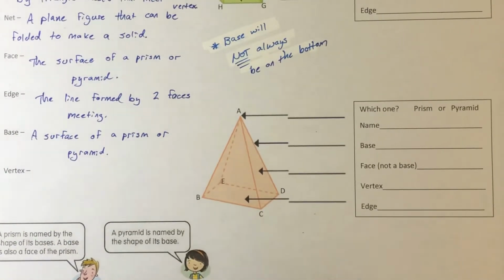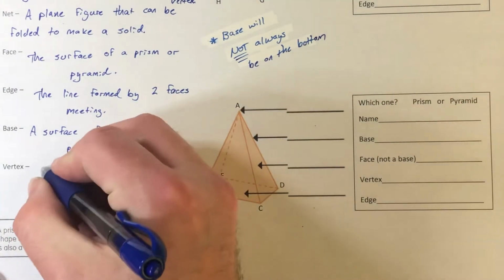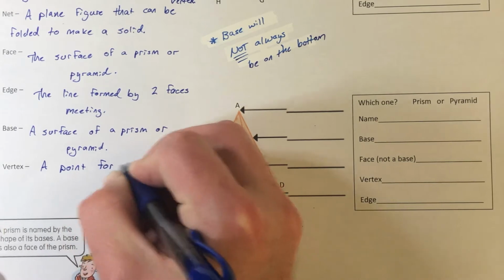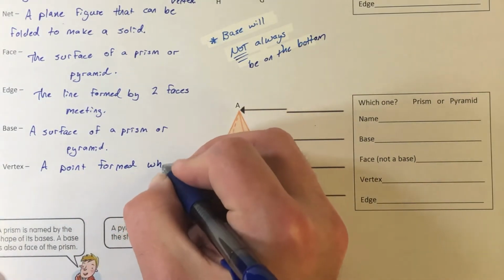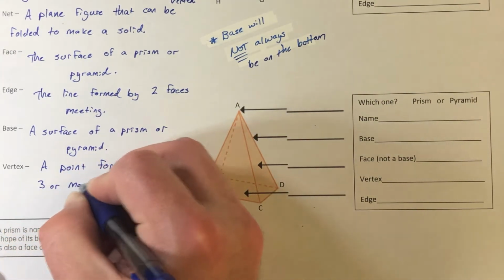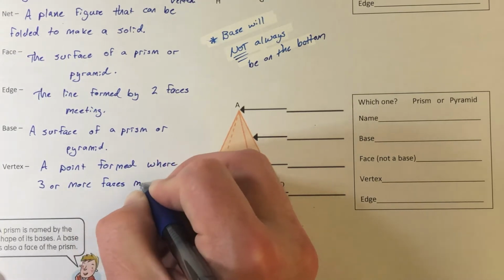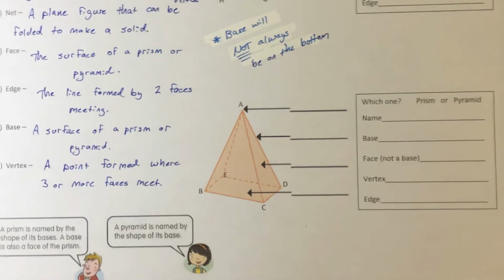All right, next one, vertex. Vertex is a point formed where three or more faces meet. Let me pull out one of my nets again.